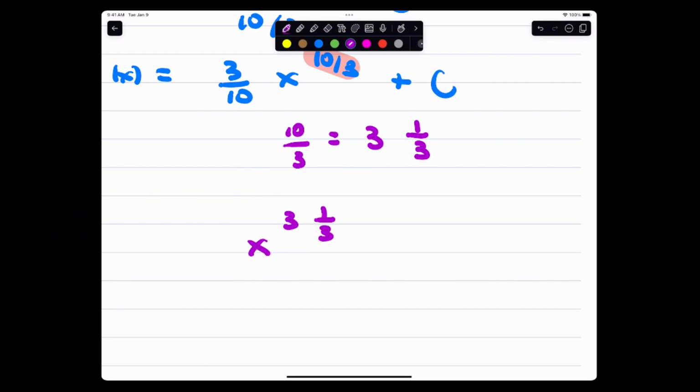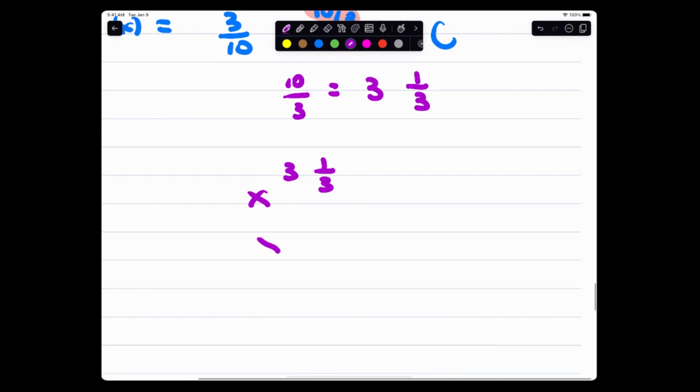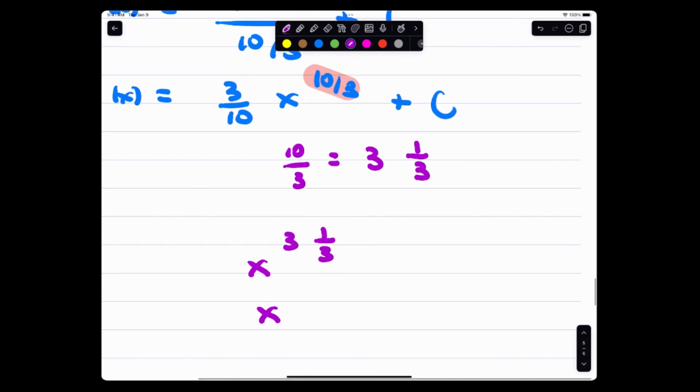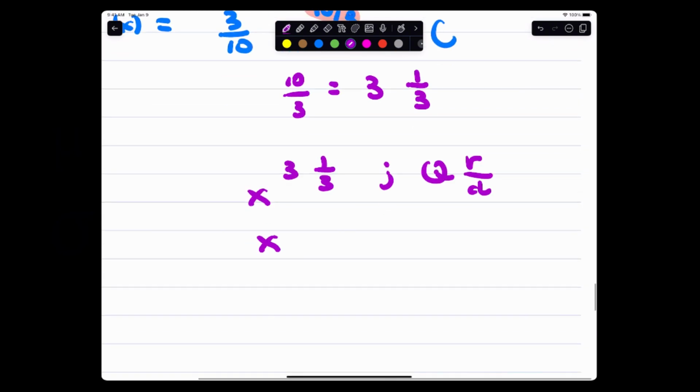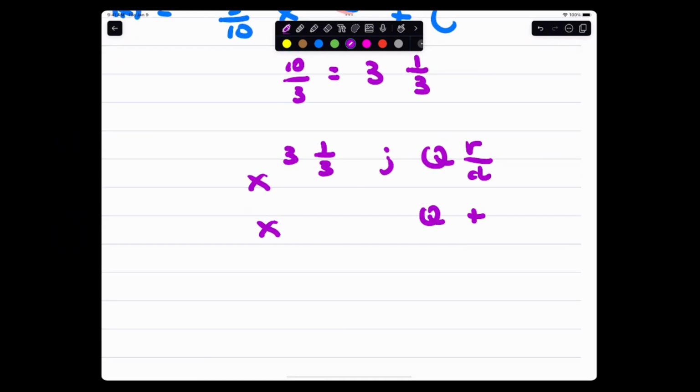And then what is that? Well, you guys know a mixed number. You guys know what the definition of a mixed number is? It's a whole number plus the fractional portion. So that's x to the 3rd plus 1/3, and then properties of exponents.